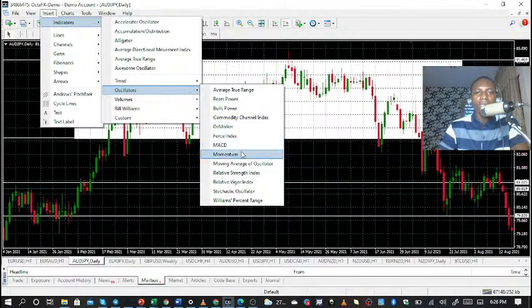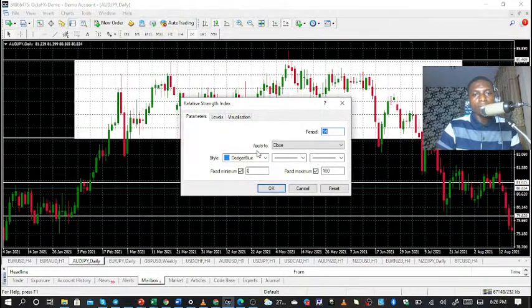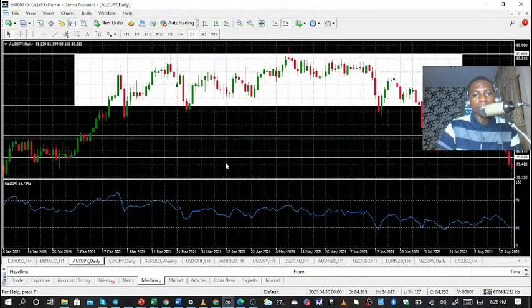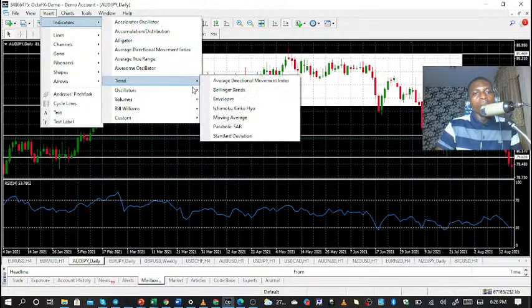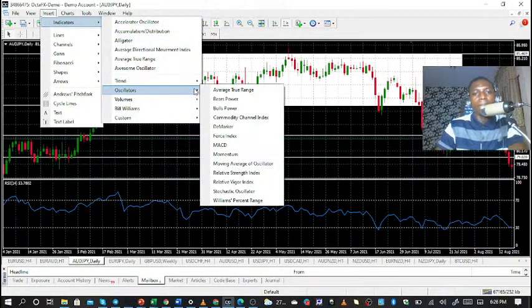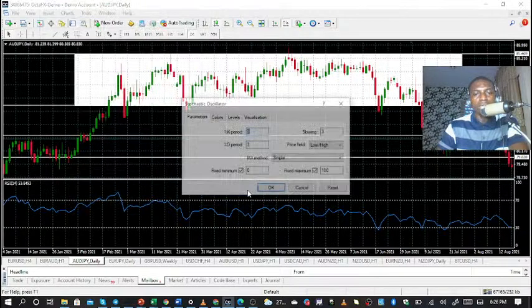But I'll just pick a few of them and then we look at one or two things about them. Let's look at the relative strength index and stochastics.